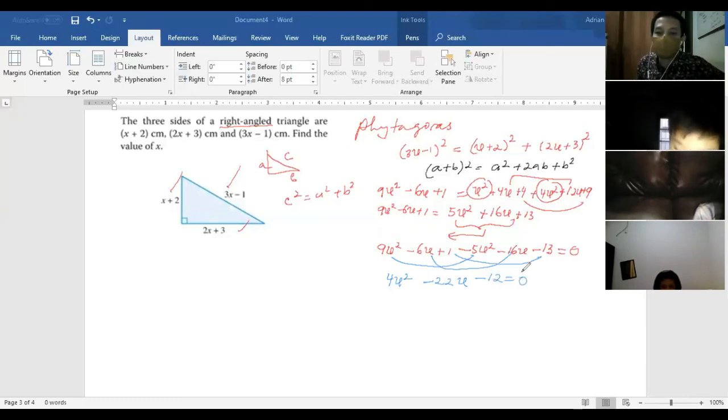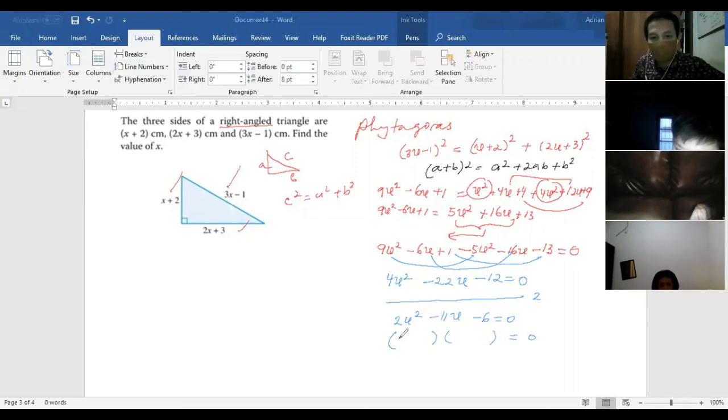Right? So how come? You can simplify this one by dividing by 2, right? You'll find that 2x squared minus 11x minus 6 equals 0, right? And then try to factorize.